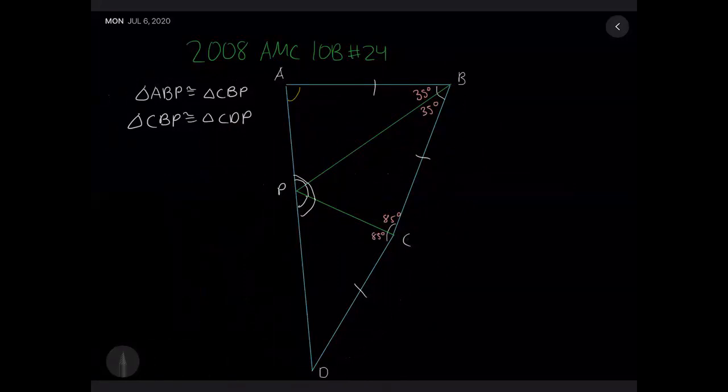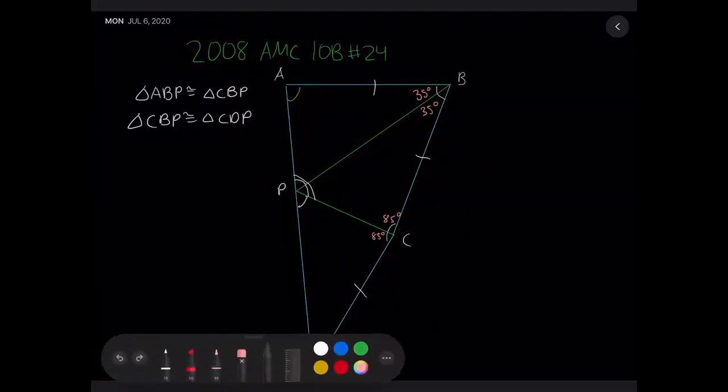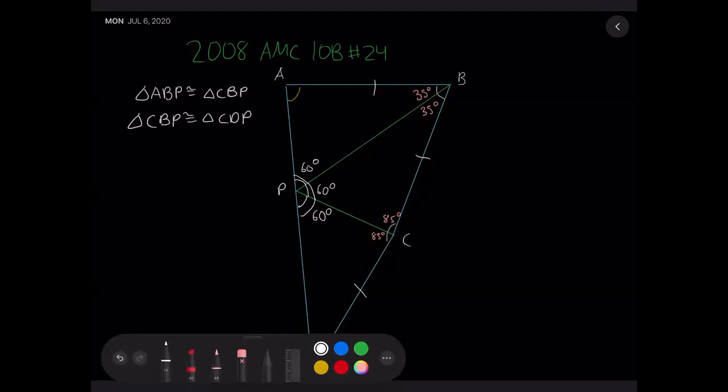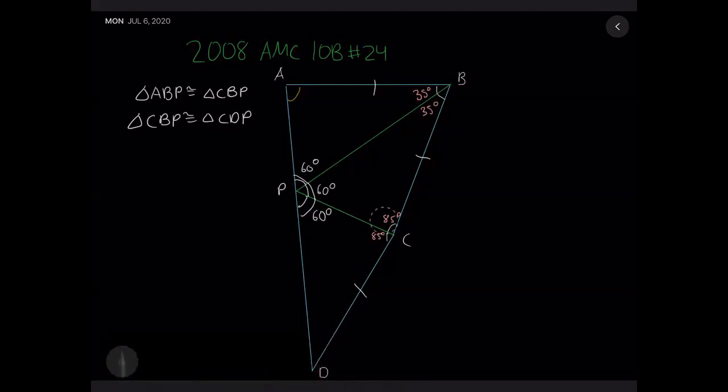So these three angles APB, BPC and CPD are going to be the same. Therefore, all of them are 60 degrees because they're all the same and they add up to 180. You could also get that from looking at the triangle over here and seeing that there's 85 degrees and 35 degrees. That's also entirely possible.